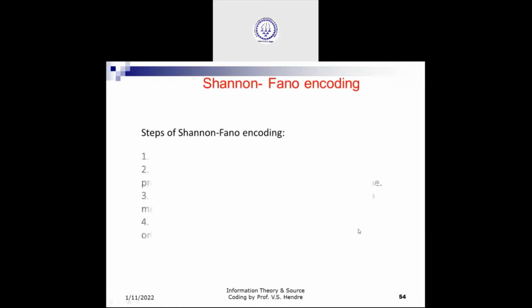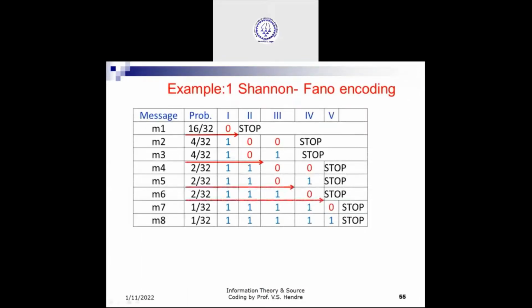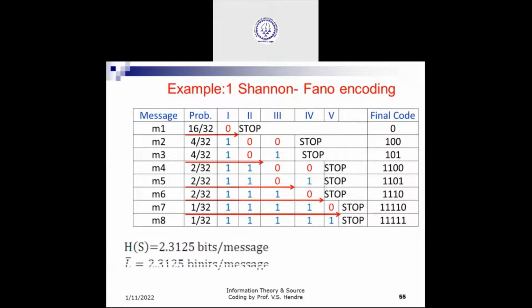By using these two formulas we can calculate the entropy H of X and the average code word length, and from that the efficiency, which is H upon L bar, H upon N bar, or H upon R bar. These are the variety of notations for average code word length. L bar, R bar, and N bar are used by different books, and they all represent average code word length. The efficiency of this code, H upon L bar, is 100%.